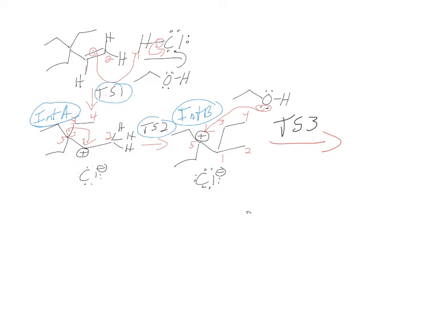What do we make here? What's our product look like now? Number of carbons, 1, 2, 3, 4, 5. What new bond did we make? Oxygen to carbon 5. And don't forget that hydrogen's still there, right?